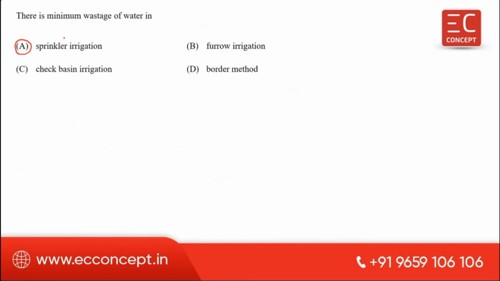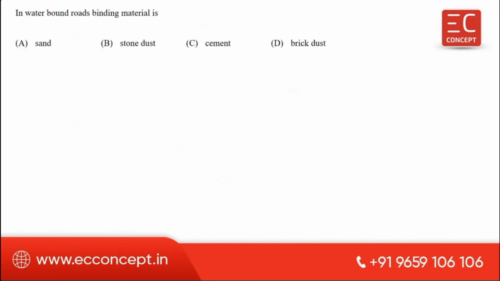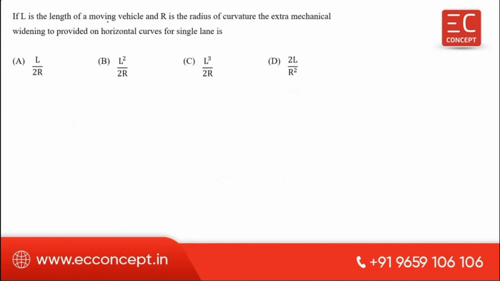For a sprinkler irrigation, very minimal wastage. Next one. In the waterbound macadam roads, binding material is stone dust, not a sand, not a cement, not a brick dust. It's a stone dust we will use as a fine binding material.